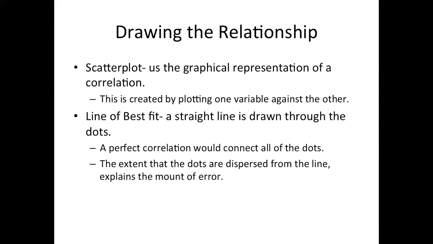We still would have a line down the middle, but the spread of dots from that line would suggest variability or error. And with that, we would also see the wider the spread of the dots, the weaker the correlation, because there's more error there.